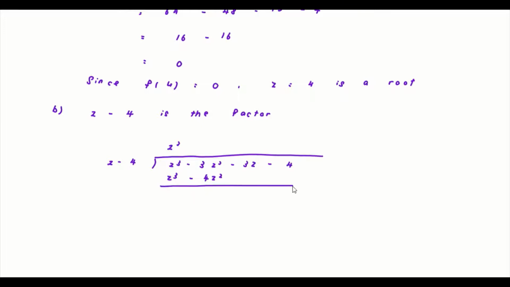Then subtracting, we have z squared minus 3z, so plus z, so z squared minus 4z. After I subtract, I have z minus 4, so I end with plus 1. From here you are able to check also, so it double confirms that 4 is one of the roots. So z minus 4, then you get 0.